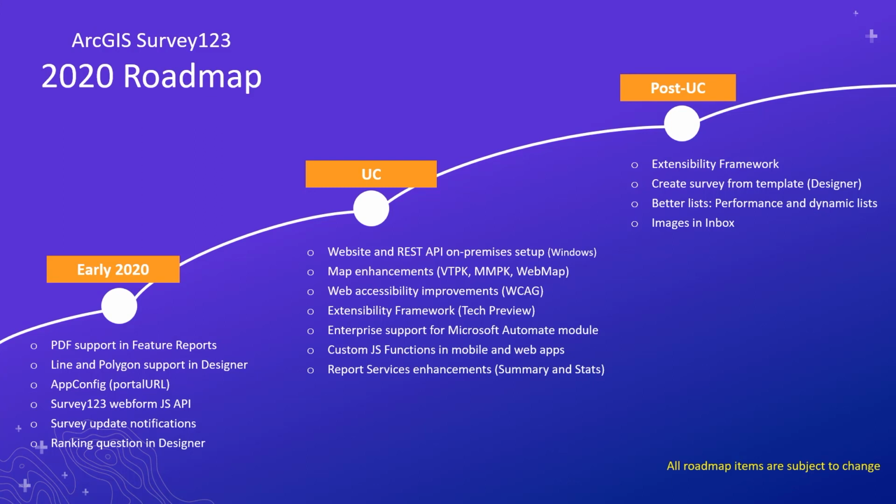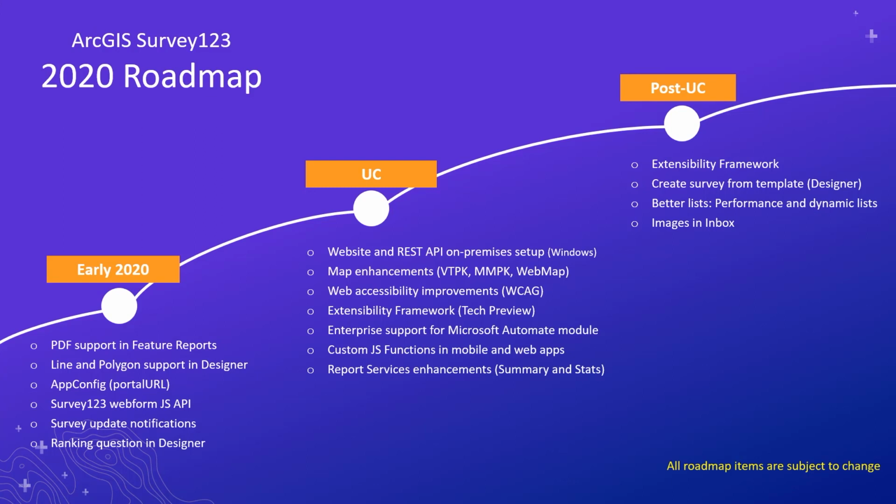We also want to officially support the use of web maps, mobile map packages, and vector tile packages. This is actually already in the software, but the official release will come later in the year. And then we are improving our accessibility support in the Survey123 web application for the UC.